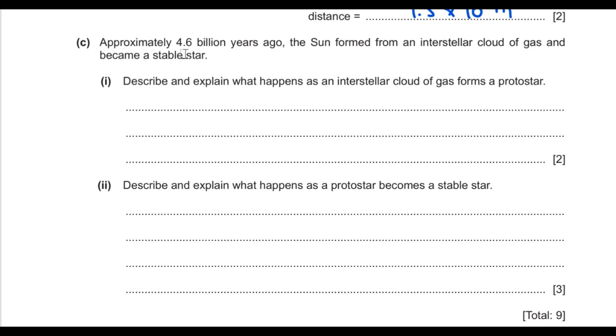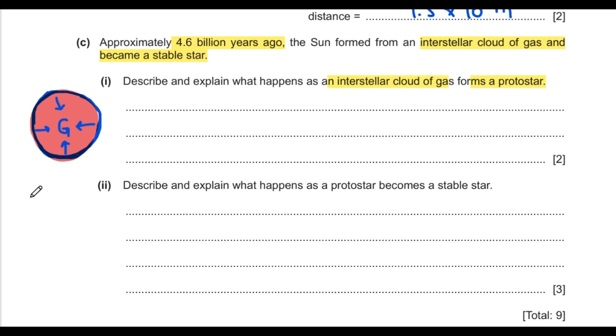C part says approximately 4.6 billion years ago, the sun formed from an interstellar cloud of gas and became a stable star. Describe and explain what happens to an interstellar cloud of gas to form a protostar. So let's suppose this red ball is a cloud of gas and it has its gravitational attraction towards the center of the cloud.